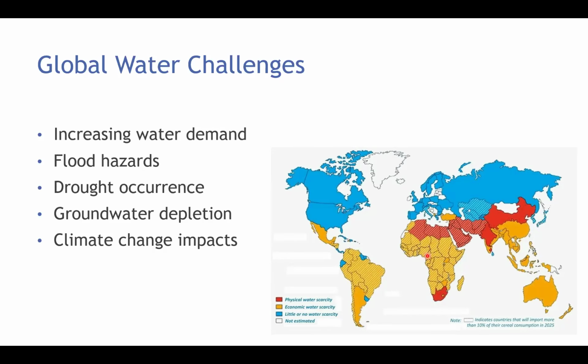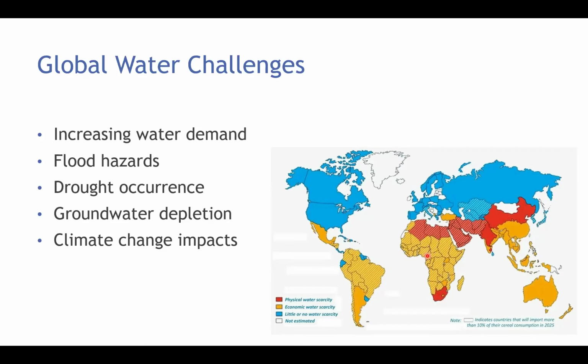That means water is available, but it is difficult for the population to access because of their poor economy. As we know, there is an increasing water demand, basically for drinking water as well as for agriculture.